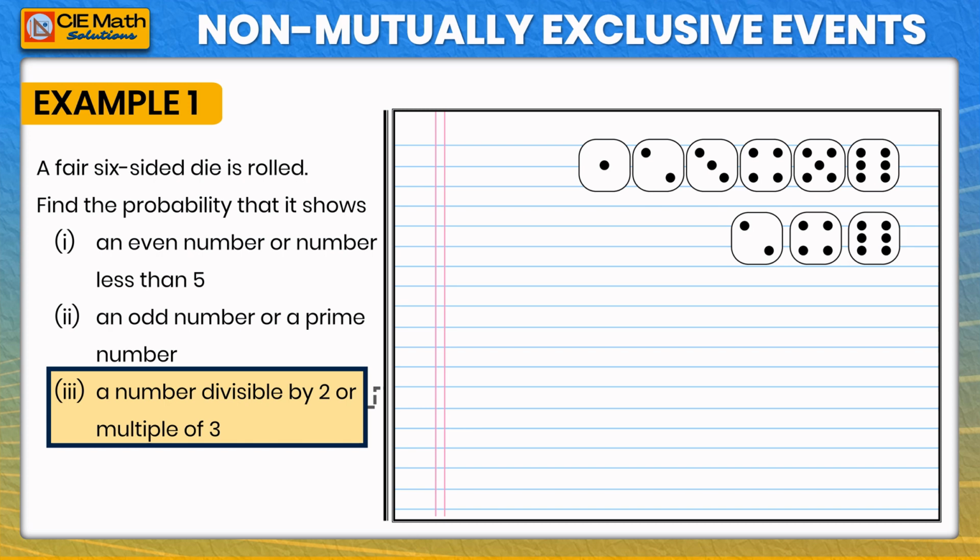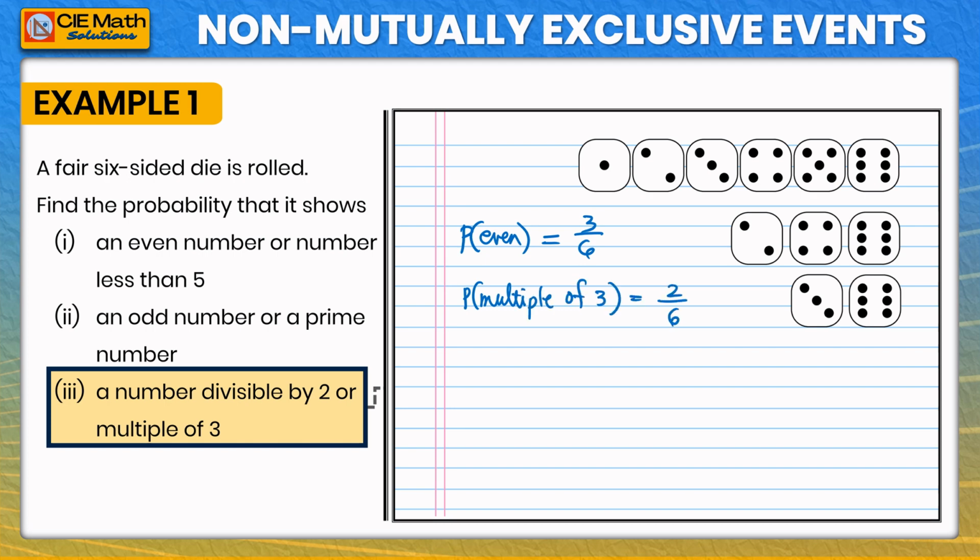Writing down the probability of even or divisible by 2, we have 3 over 6. And for the event of getting a multiple of 3, there are only 2. So the probability of a multiple of 3 is 2 out of 6, since there are only 2 of them, 3 and 6.